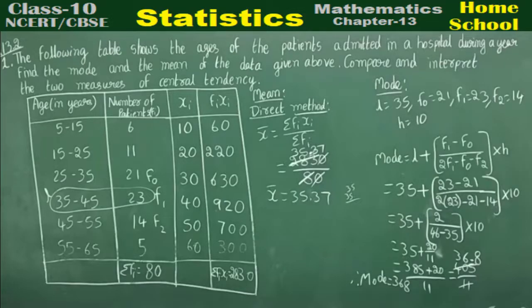Maximum, how are we going to get it? By mode. While on an average we get through mean: the average age of a patient admitted to the hospital is 35.37 years. Okay, like this we need to compare and interpret the two measures of central tendency.